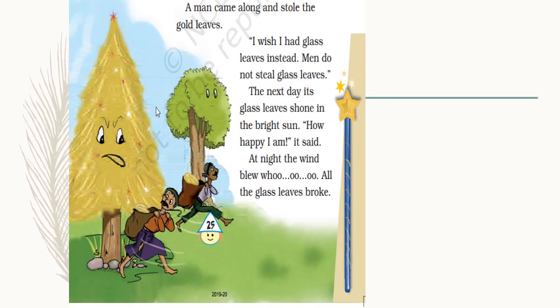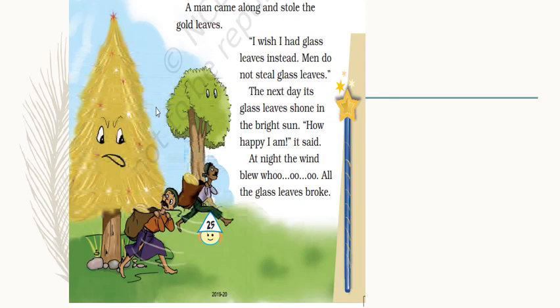Now this time it wanted glass leaves so that no man can steal its leaves. And when it woke up the next morning, it found its glass leaves were shining brightly in the sun. It was very happy. It was very delighted to get these glass leaves.